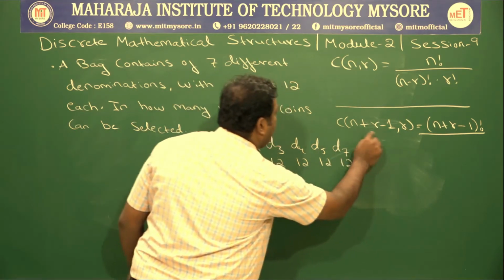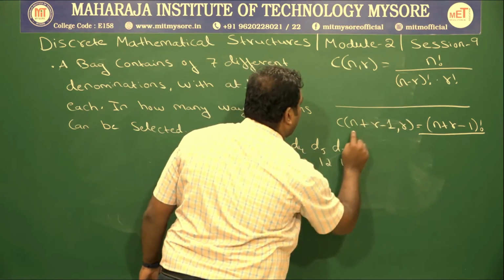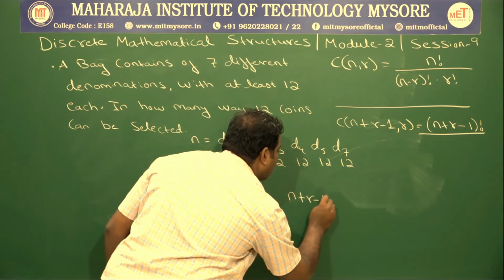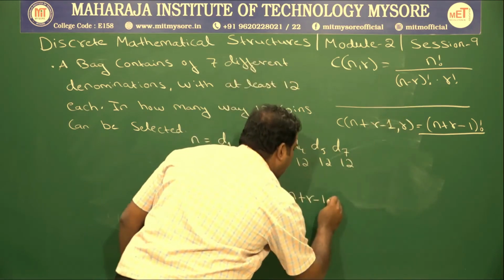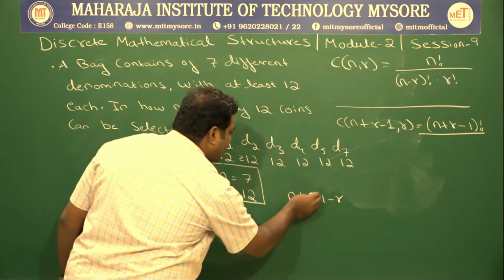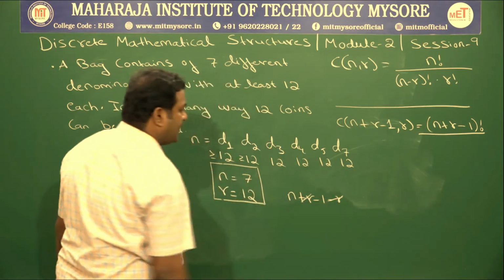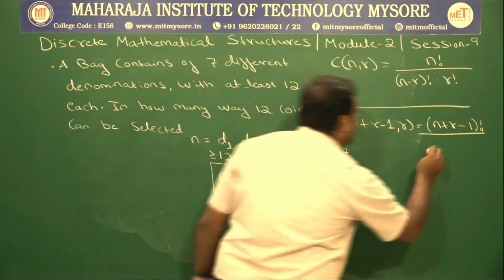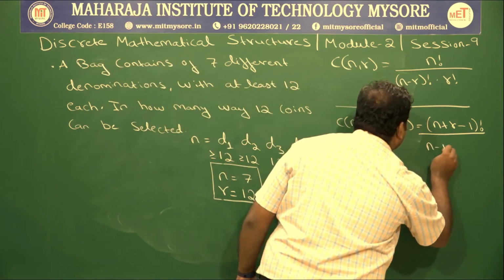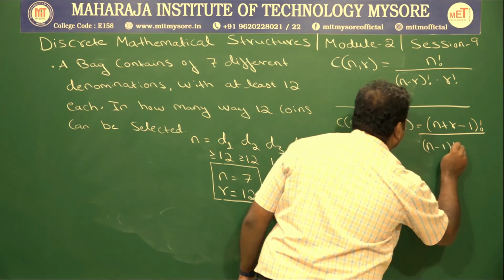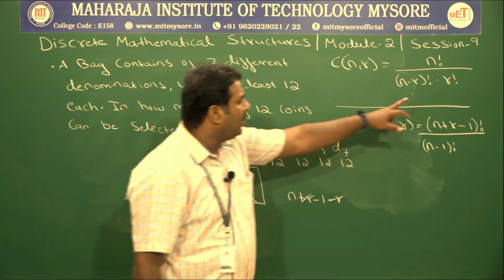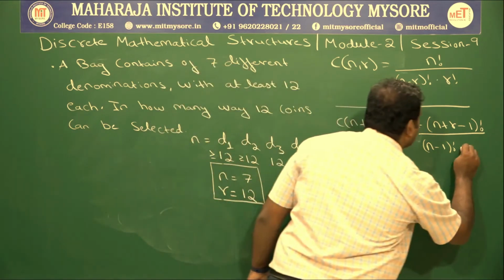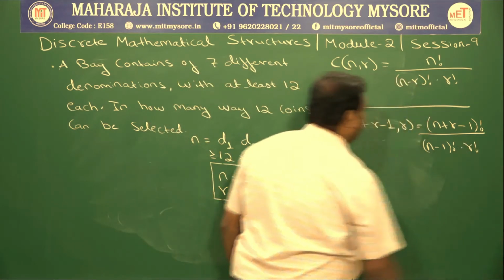In place of n, I am using n plus r minus 1 and minus r. So plus r minus r gets cancelled. I remain with n minus 1 factorial. Hence I am going to have this as n minus 1 factorial. Now what about r? The value of r stays the same. I am going to have this as r factorial.